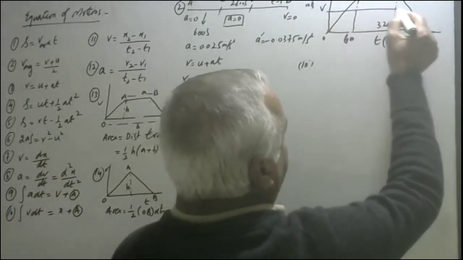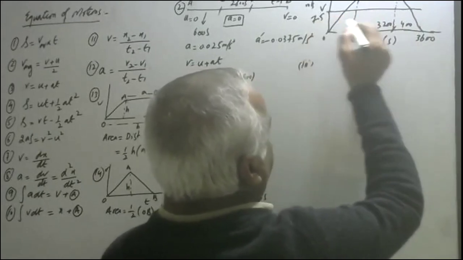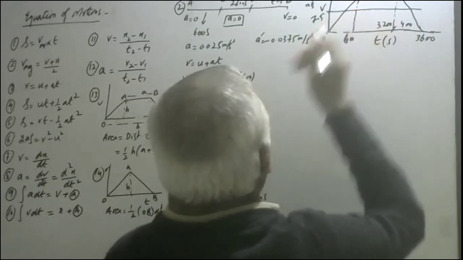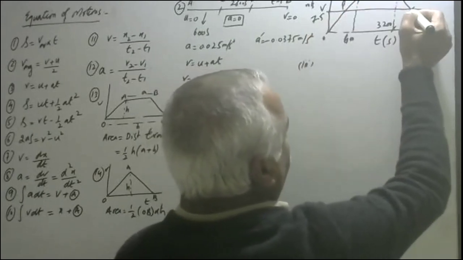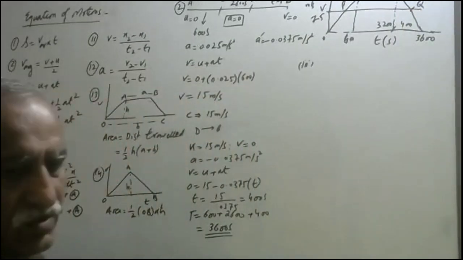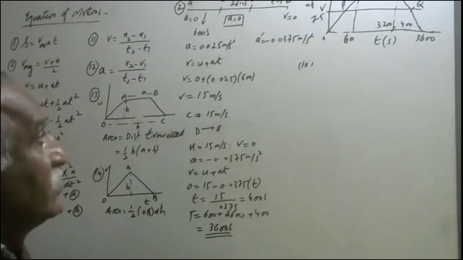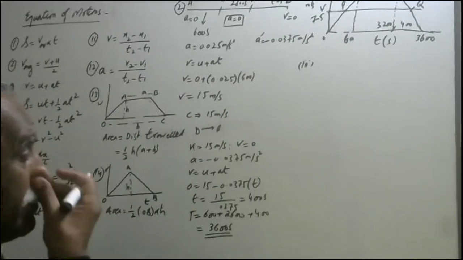So let's say this is the line where speed is 7.5. There are two positions there. Let's say one is P and one is Q, where the speed of the particle is exactly equal to 7.5. Now we will calculate first the time for P and then the time for Q.